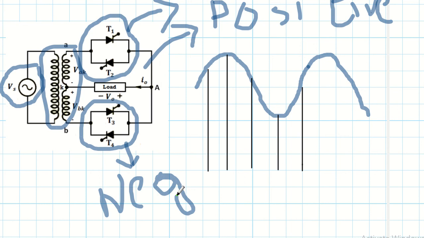T1 and T2 are the positive thyristors and T3 and T4 are the negative thyristors. What do positive and negative mean? We will discuss it soon.